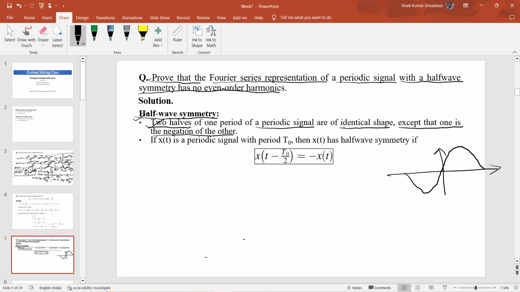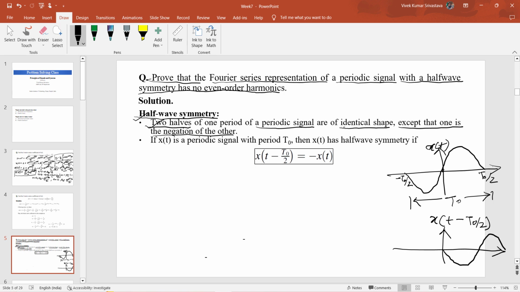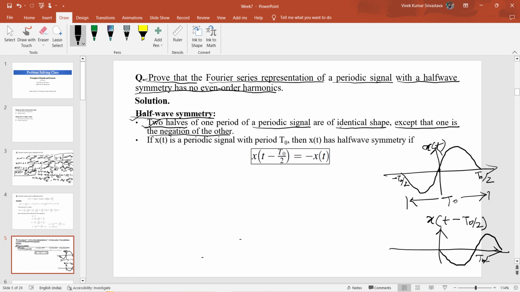The sine signal is the best example of half wave symmetry. Here, this has a period of capital T. If we shift this signal, x of t, by t naught by 2 to the right, you will get this signal, with this point at t naught by 2.